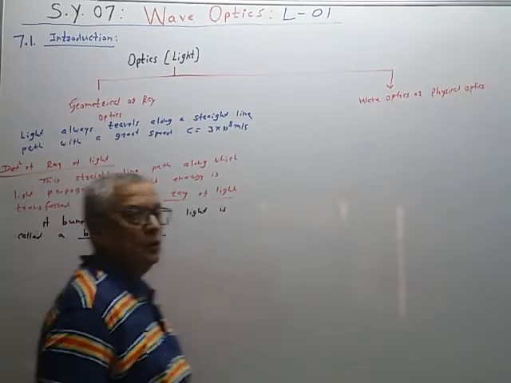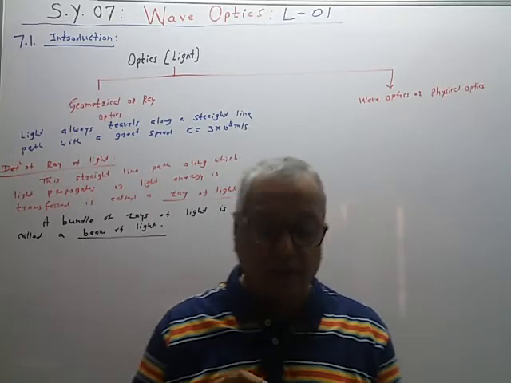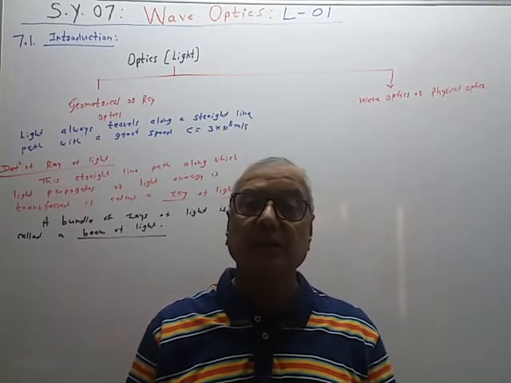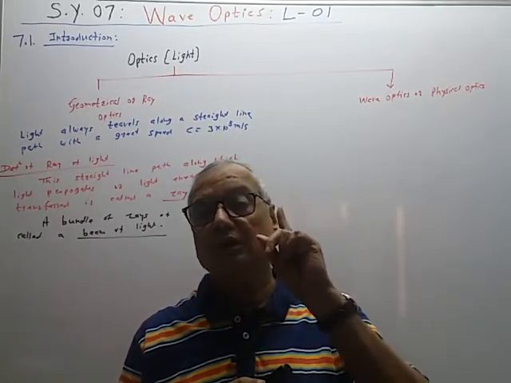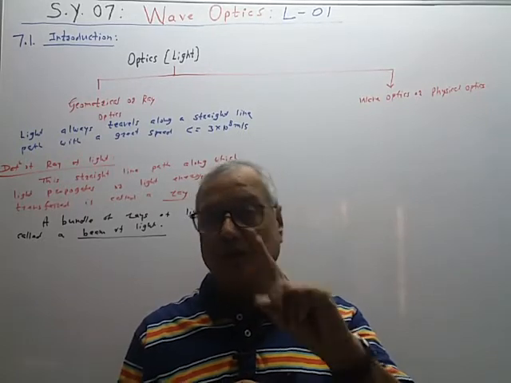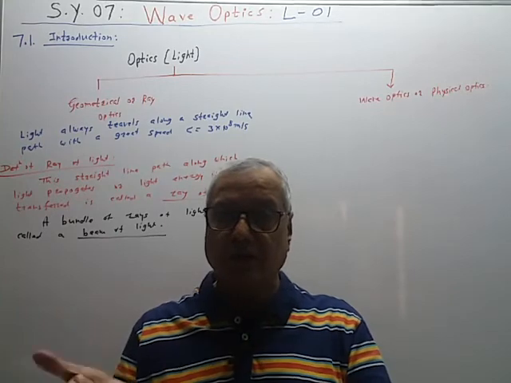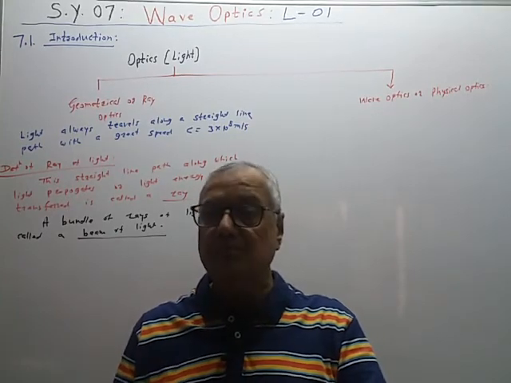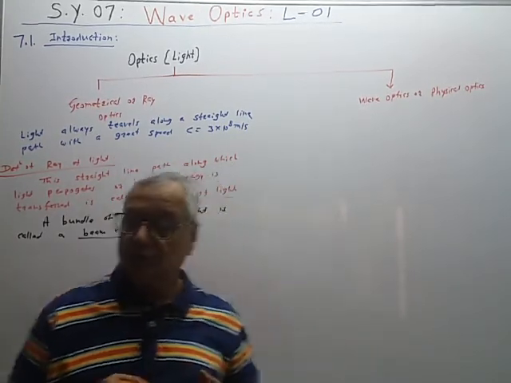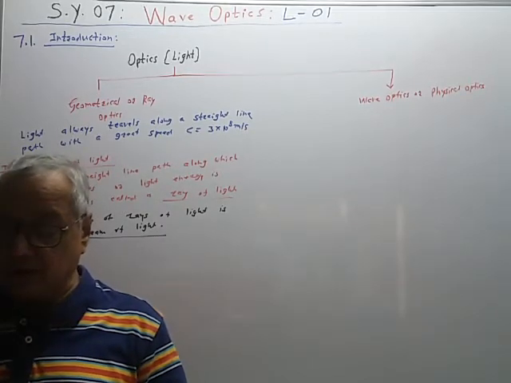Generally, for image formation, we always draw a ray diagram, and in that ray diagram, we are using generally only one ray of light. Only one direction is considered, and then how it is reflected, refracted, etc., can be studied like this. So this is about ray optics.